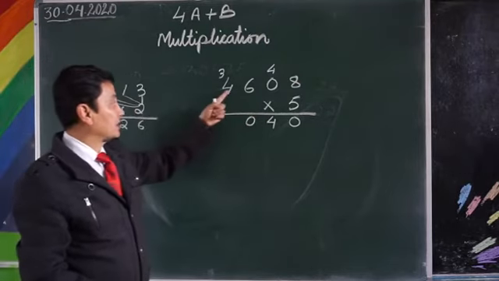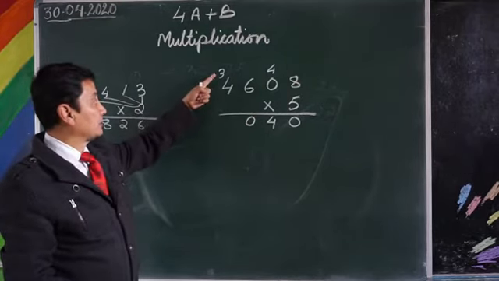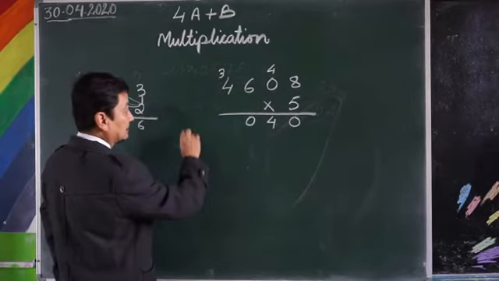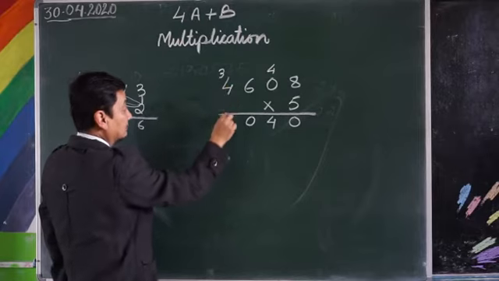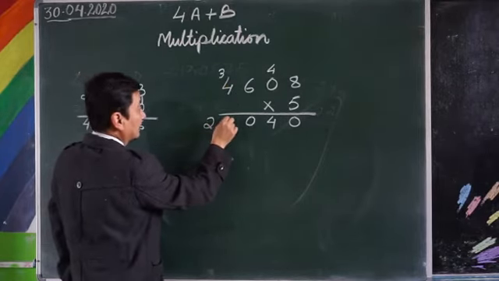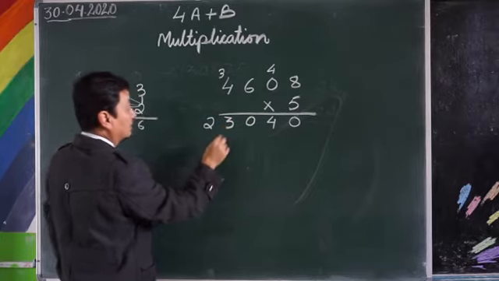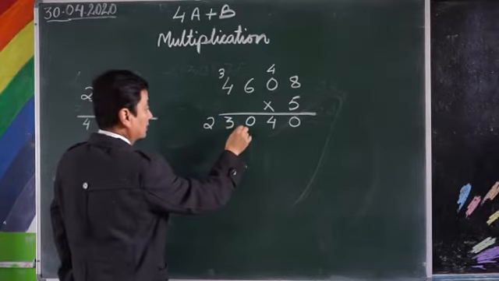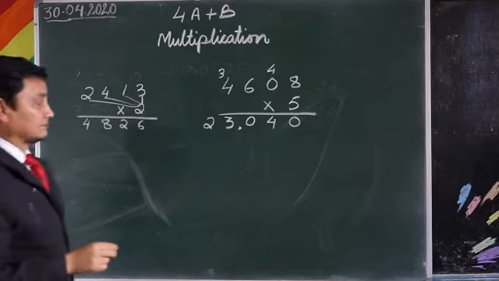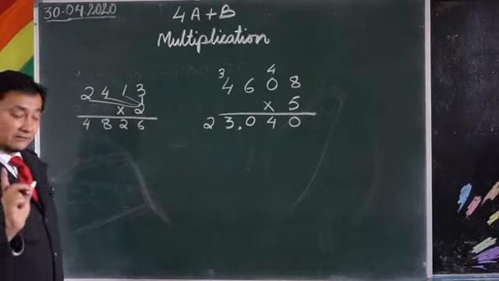Again, 5 4s are 20, 21, 22, 23. Remember, there are two numbers. Make sure that the second number comes below 4. So 2 we can put in front and 3 below 4. So let's put a comma. 1s, 10s, 100s, comma, 1000s, 10,000s.